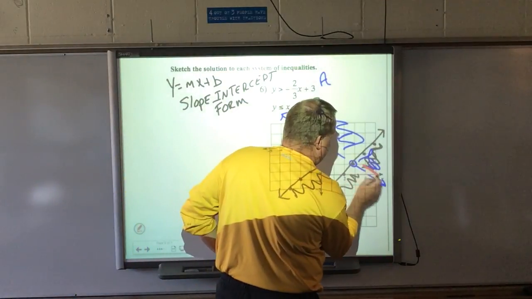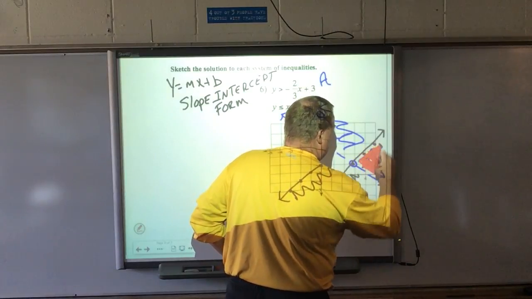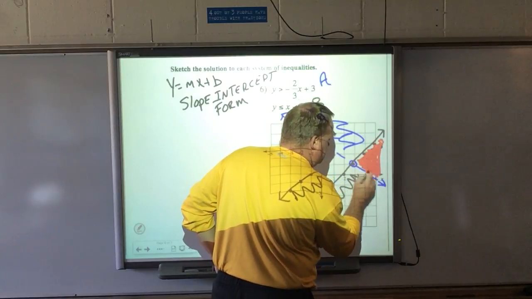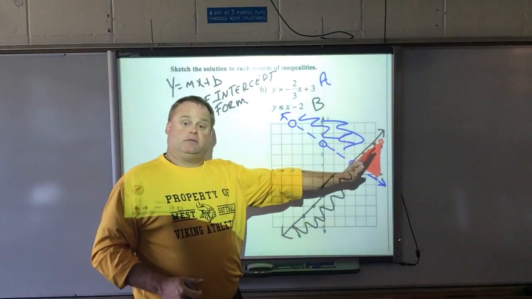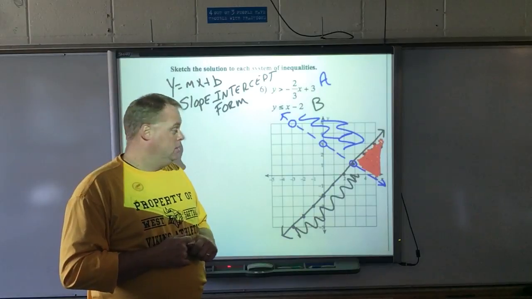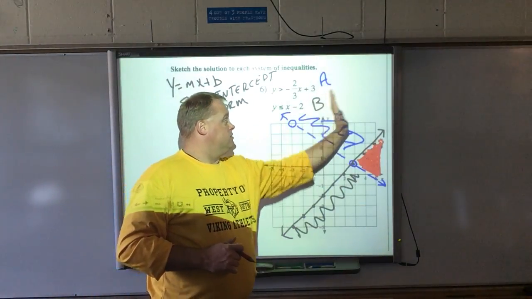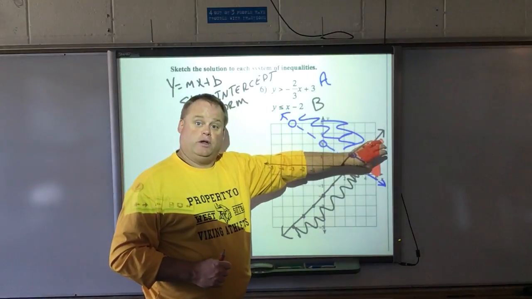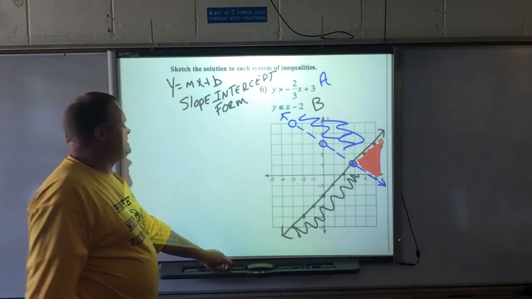This area right in here, which I'm now going to shade in red because I want you to see it graphically, is my solution to this system of inequalities. This down here was the solution to this one. This was the solution to that inequality. But this is the solution when I'm solving them together. All right, last example.